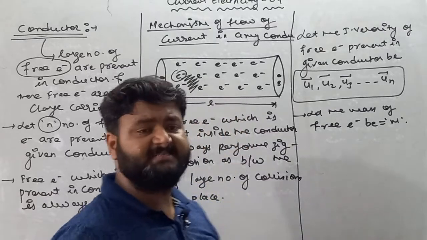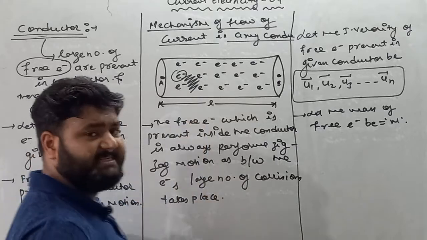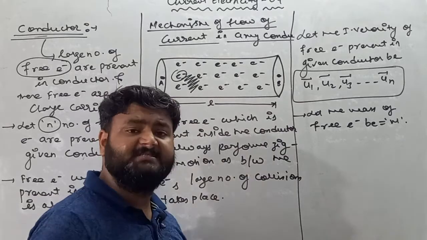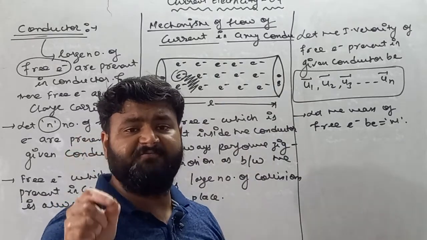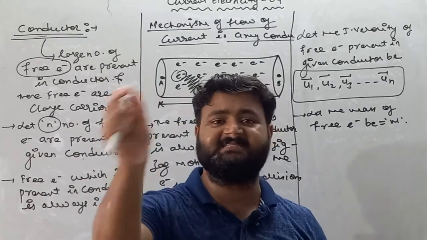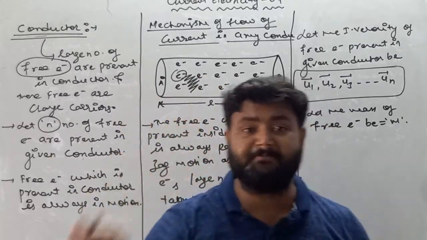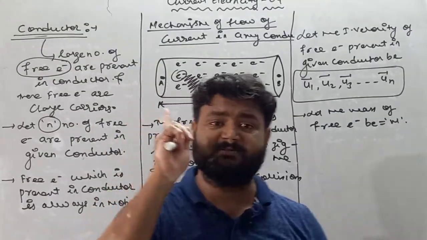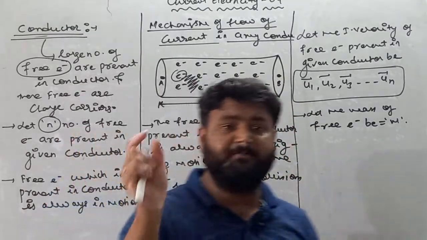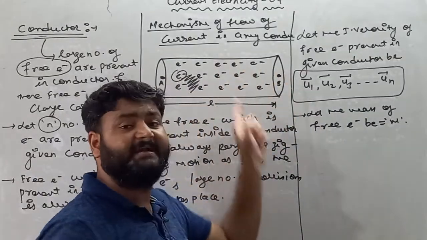Next point we'll discuss is that every electron performs zigzag motion. Why zigzag motion, my dear student? Because a large number of free electrons are present inside the conductor. Every electron makes collisions, and due to collision its velocity direction changes. That's why its motion is zigzag. There is no other mechanism of zigzag motion. The only reason the free electron performs zigzag motion is that the number of free electrons in any conductor is very high.